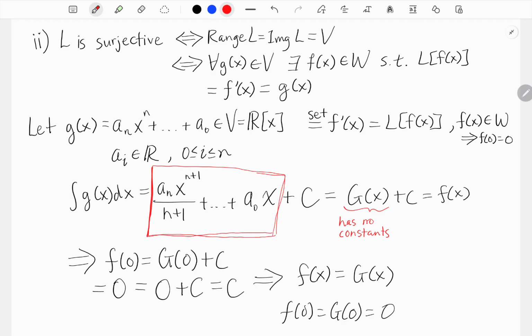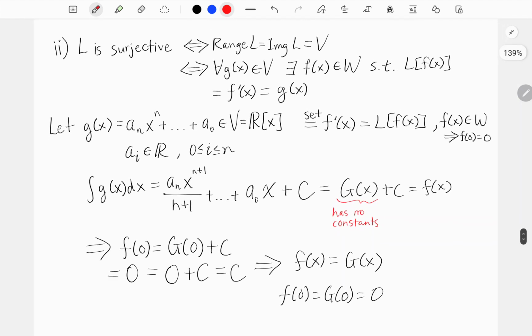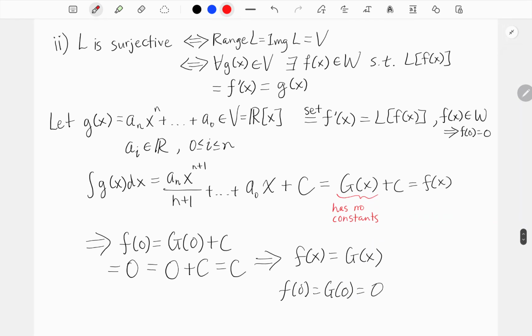This is a polynomial with real coefficients, such that when I plug in 0 into x, I get 0. If I differentiate this, then I will get precisely this over here. So that is good, because we said that the constant of integration was equal to 0. What a long question, but hopefully this makes sense.